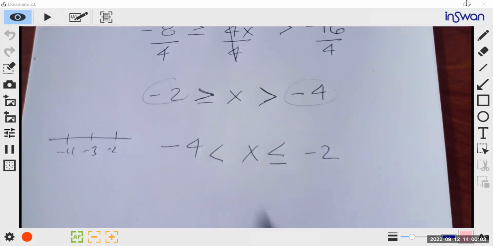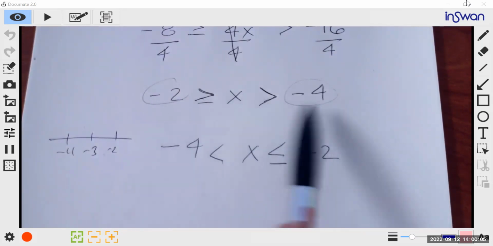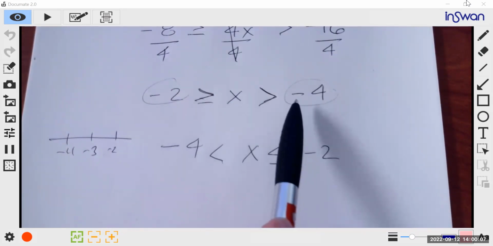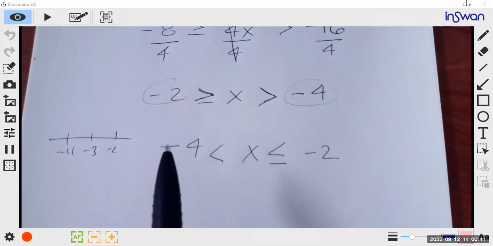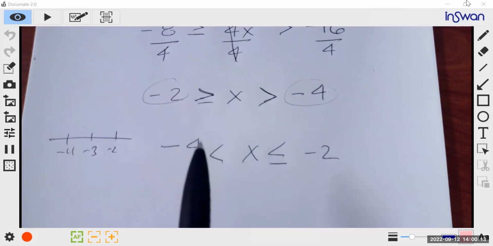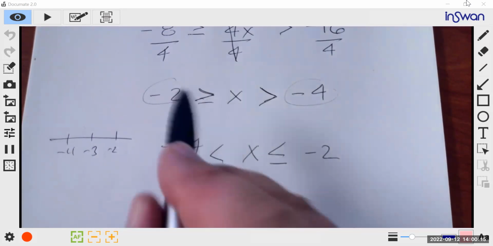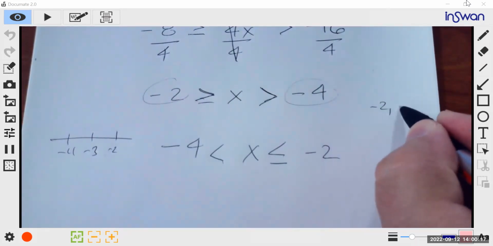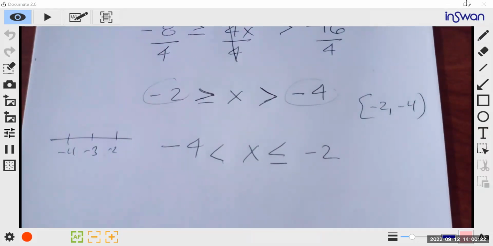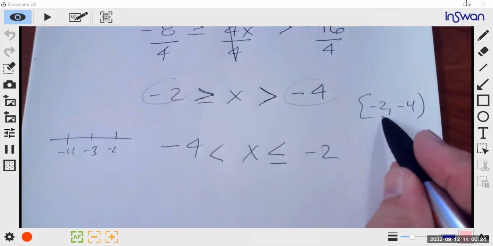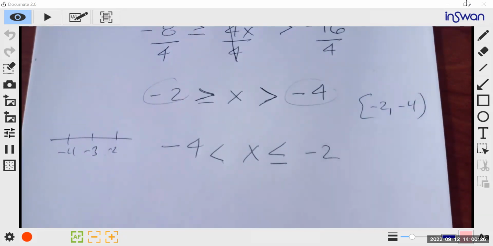Again, it just takes practice, because graphing this would be very difficult. You'd have to think very hard about how to do this. My endpoints are negative 2 to negative 4, but that's backwards because it doesn't go in increasing order.